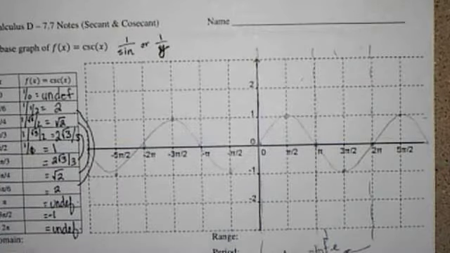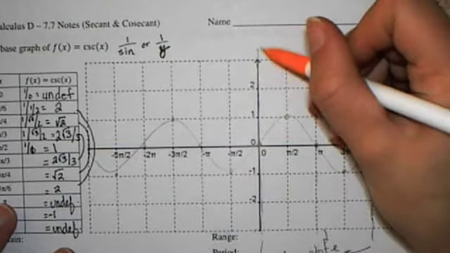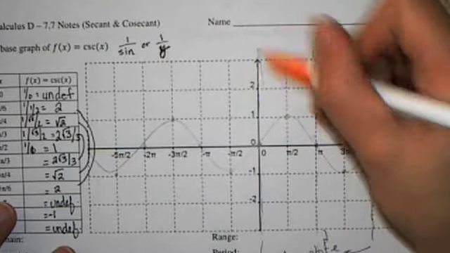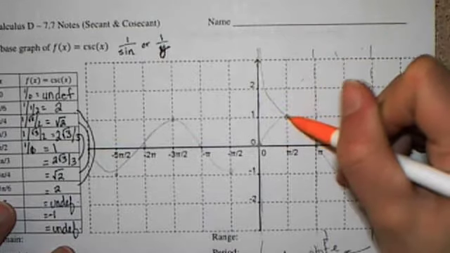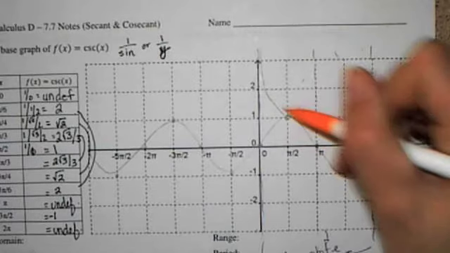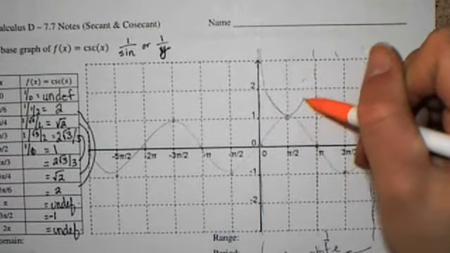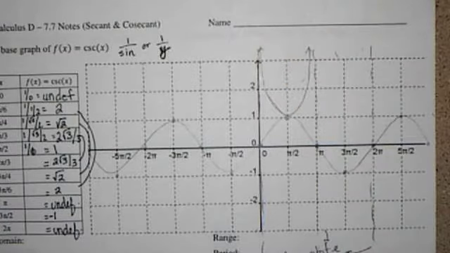So cosecant, being the inverse of sine, kind of runs opposite. We're going to start off real high. Remember, asymptotes, now we're going to touch. The cosecant at pi over 2 is 1. And then we go back up towards our asymptotes. So we're going to get these U shapes.